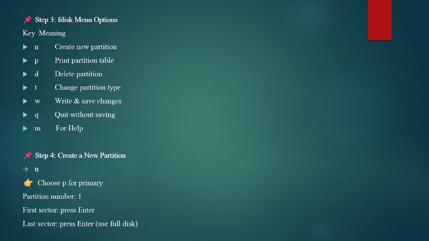With this, you can create a new partition with the n option, p to print, d to delete, t to change the partition type, w to write, and q to quit. To create a new partition, we use the n option, then choose p for primary, then give partition number 1, press enter for the first sector, and enter for the last sector.